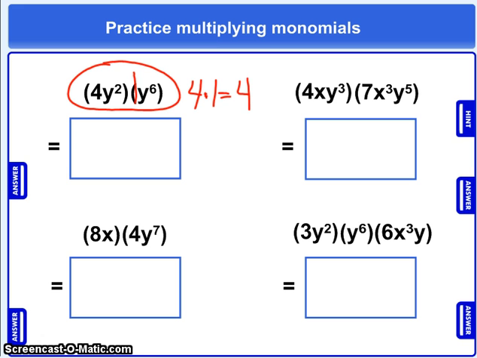That would give us 4. And then we have a y squared times y to the 6th. Both of our bases are the same letter, so that means we can use the shortcut of adding the exponents. So 2 plus 6 is going to give me 8, y to the 8th. So our answer for our first term is indeed a 4y to the 8th.